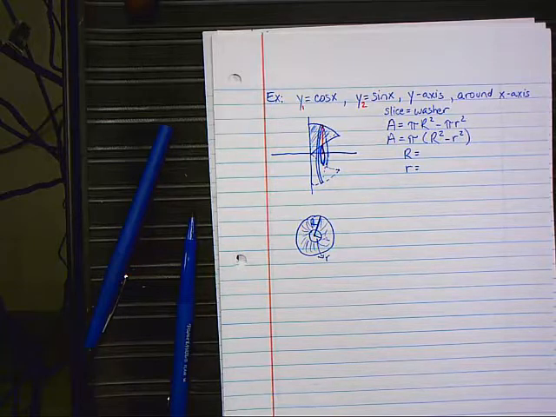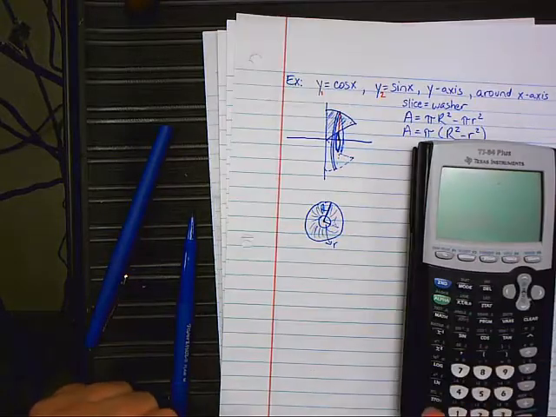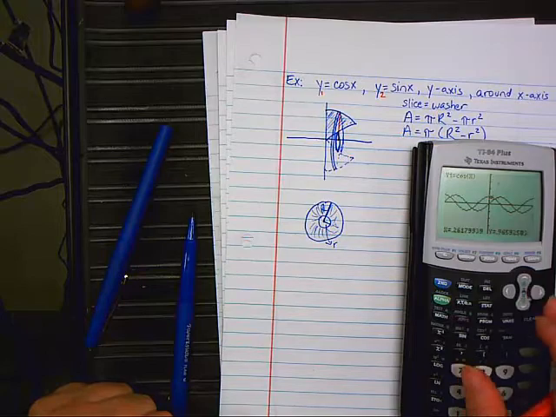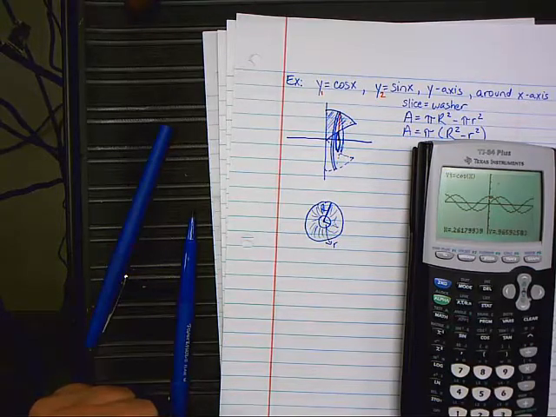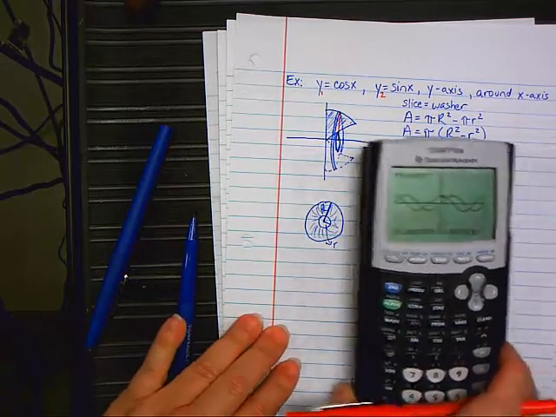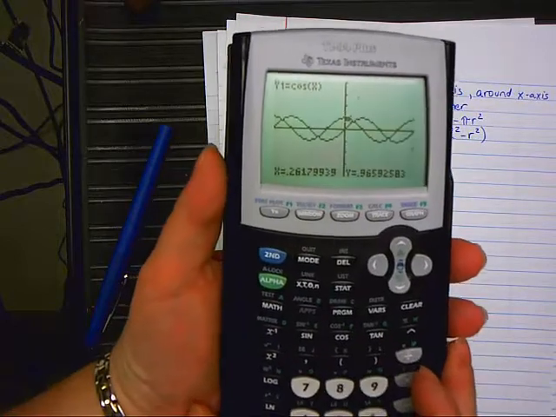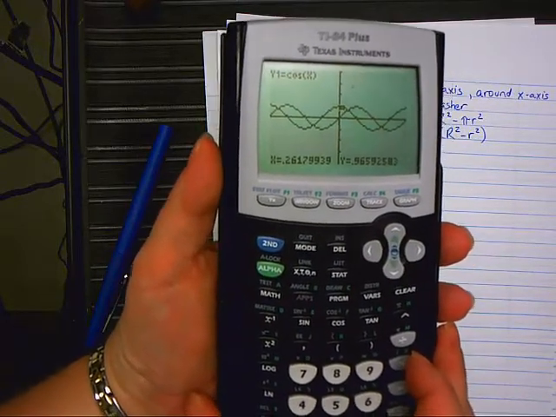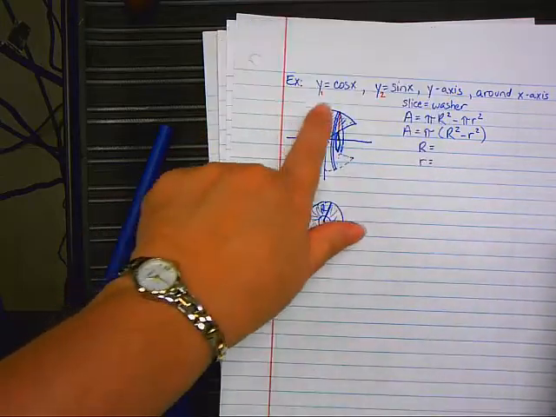Which one is big R? You may not know for sure. If you don't know for sure, go back to your calculator and trace on it. Am I on the outside curve right now? Do you see my little cursor right there? Yes. Which curve am I on? Look up in the corner. I'm on cosine, so that's Y1.